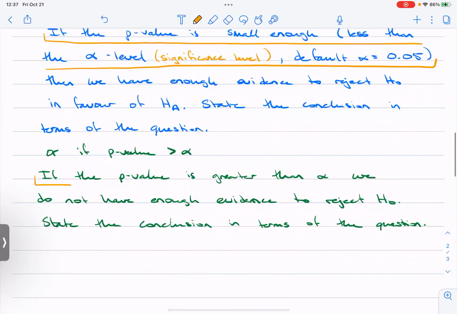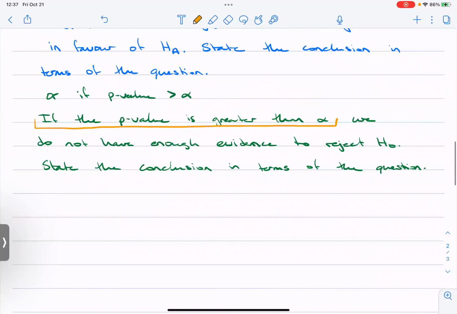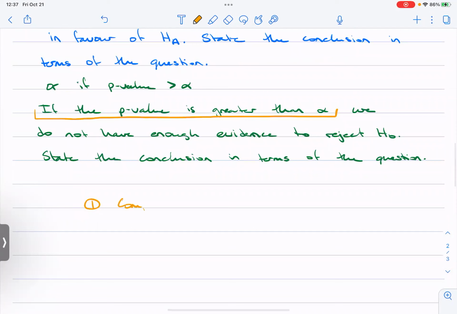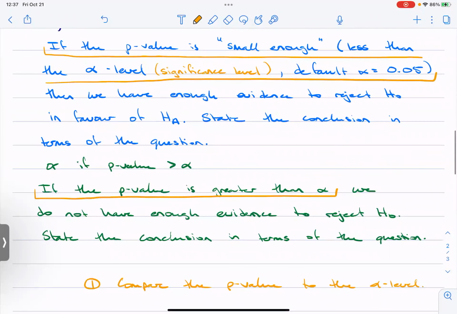So here, part 1: compare the p-value to the alpha level. I'll use pink for this next part because it's important.